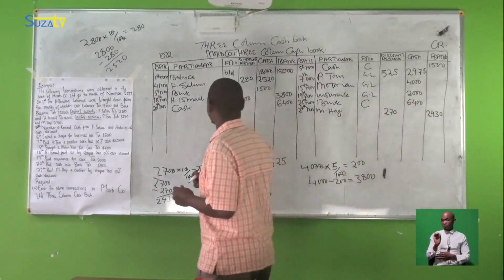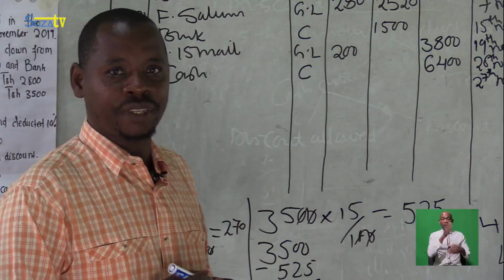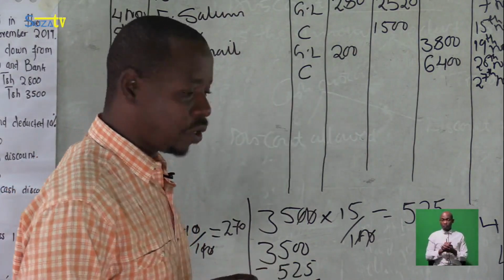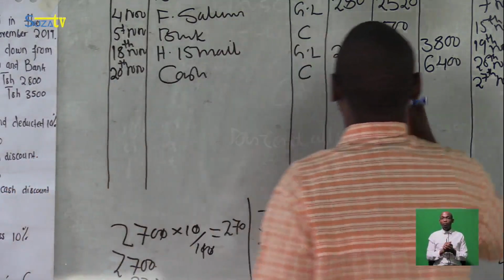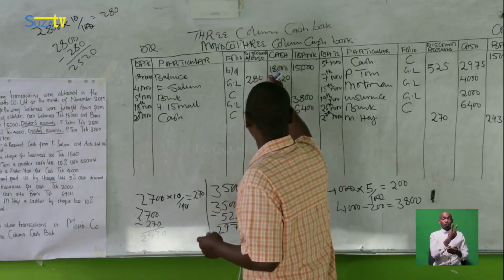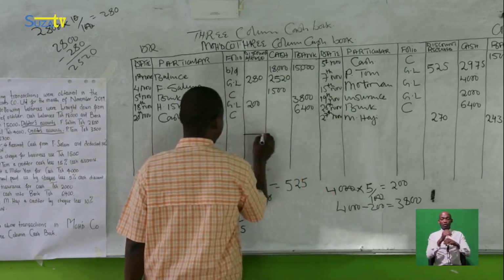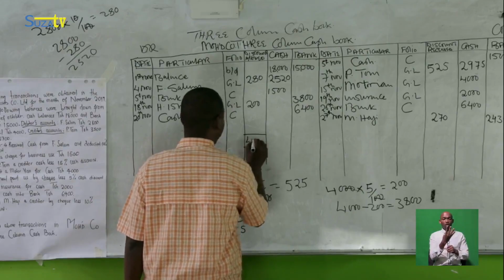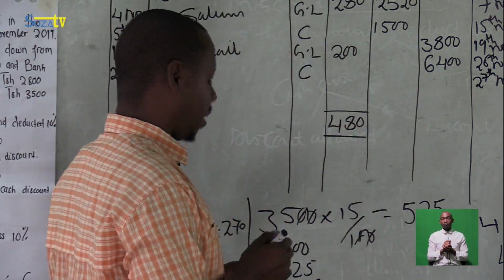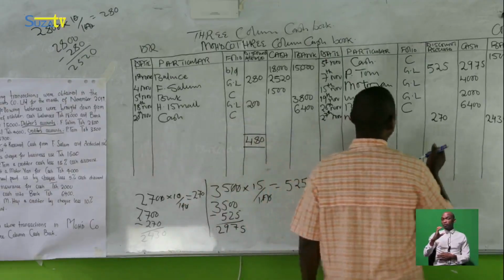After finishing that, we should close the book at the end of November. Then we should add here 208, add 200, you get 408. Then come to the credit side.